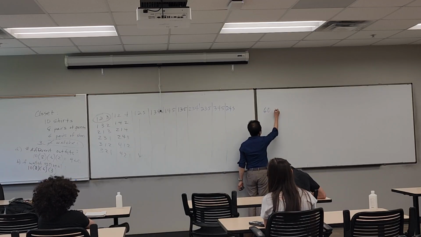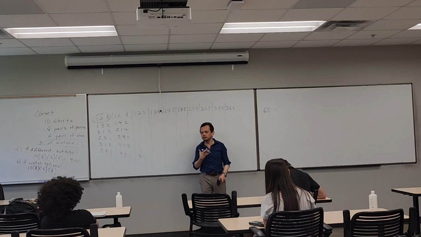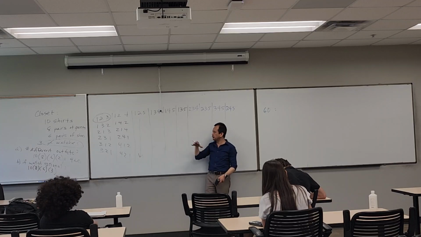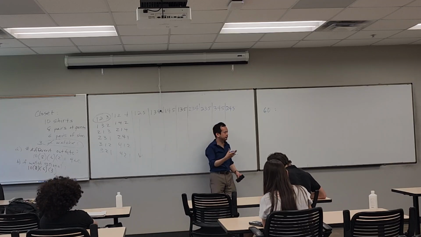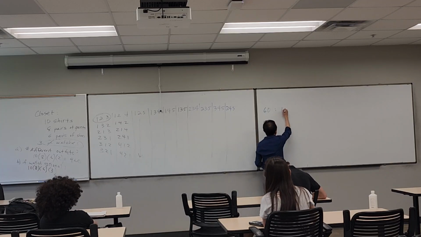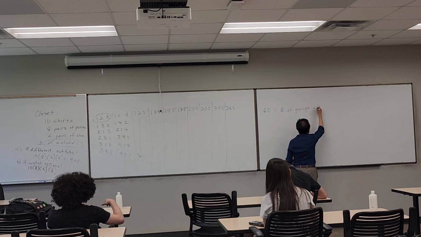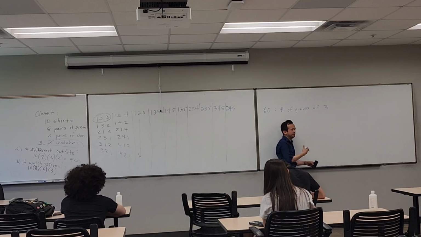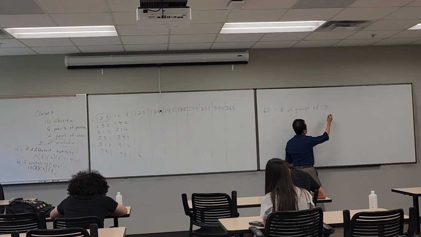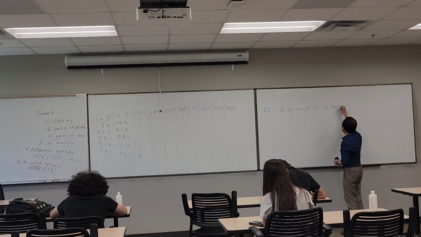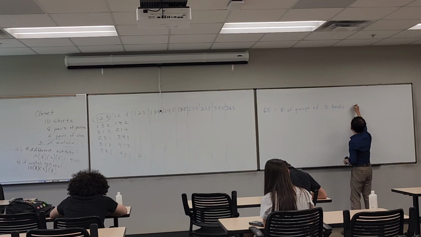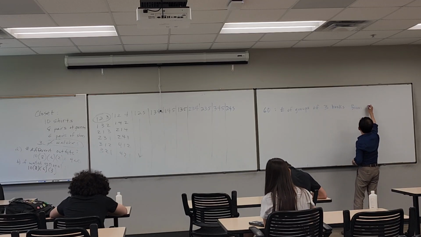So the number 60 here represents the total number of groups of 3 objects taken from 5, but in this example it's 3 books from 5 total.